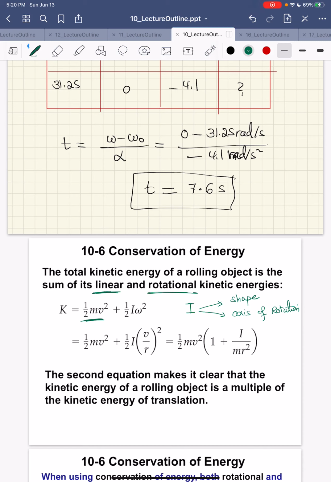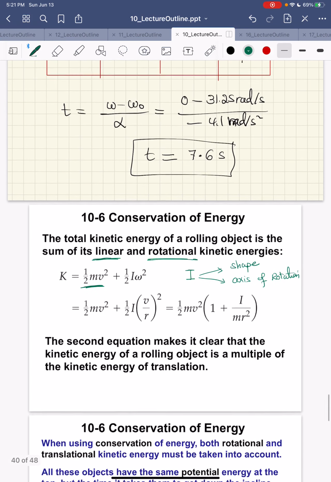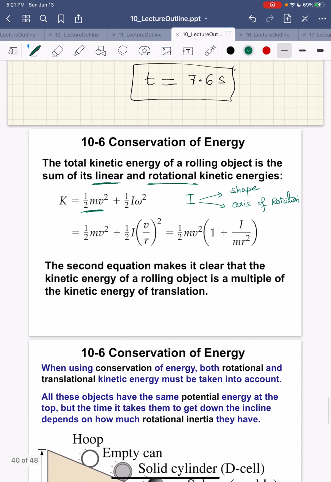Now, I can here say that my I, if it is given as a number, fine. If it is given as an equation, you need to go to the chapter 10 table, and you will find all the equations for different shapes.